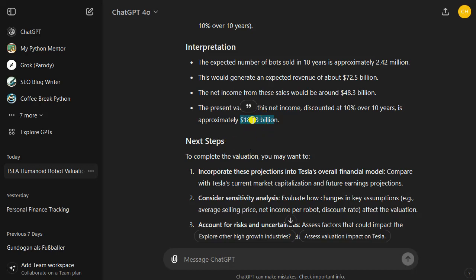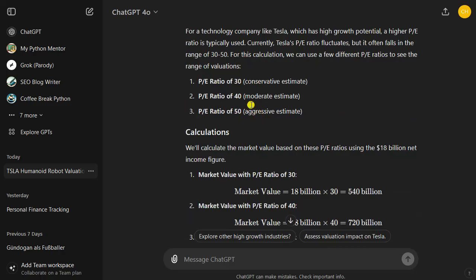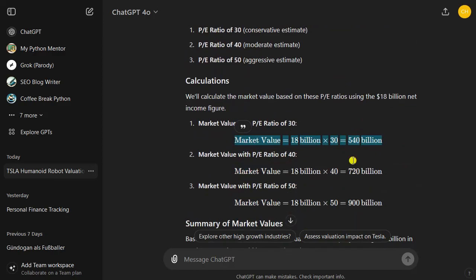Now the question is, how much would a company producing 18 billion be worth? You can ask ChatGPT that as well, and if you look at the math, 18 billion times 30 PE, you roughly get, on the low end, 540 billion market cap today, to 900 billion market cap.